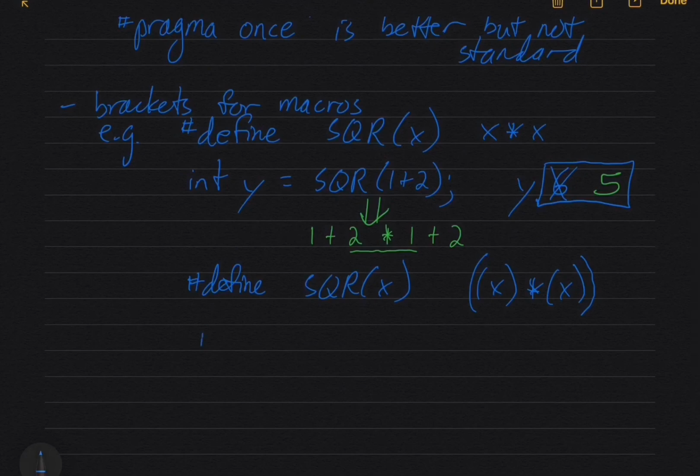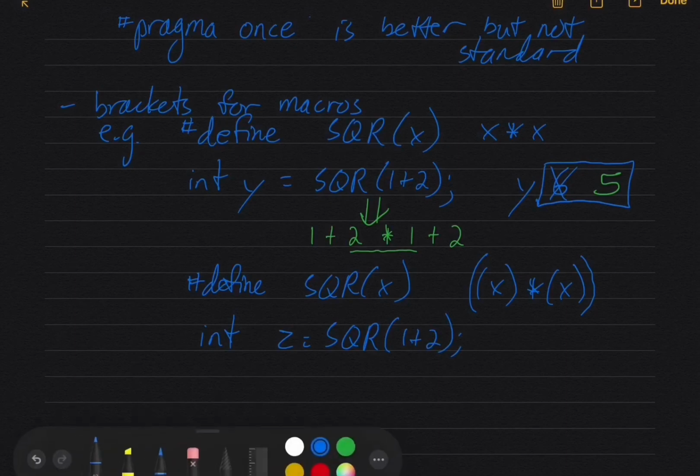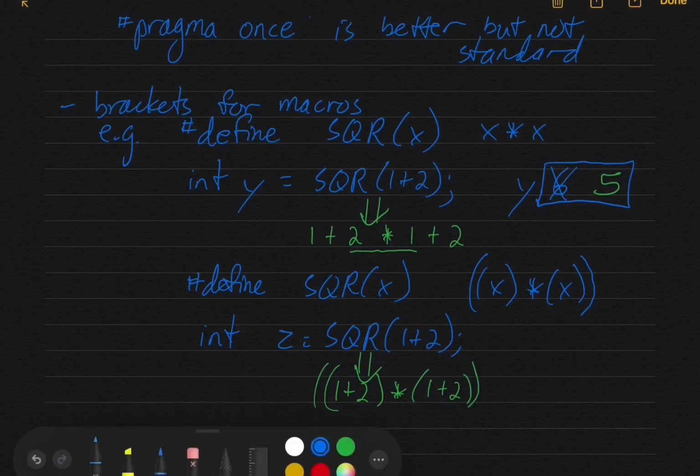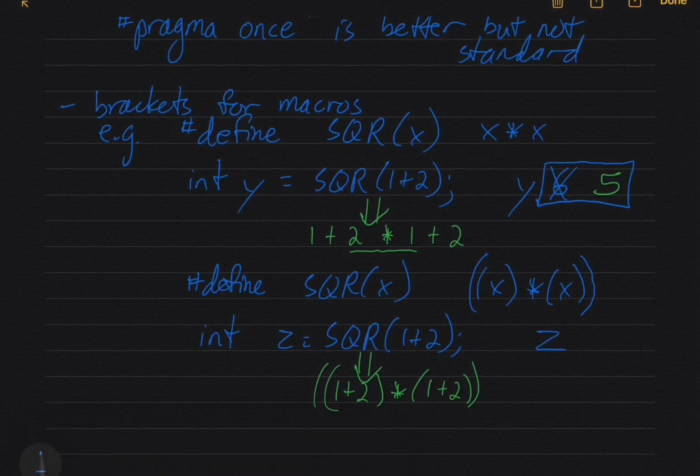So now if we do z = SQR(1 + 2), then that becomes ((1 + 2) * (1 + 2)), and z will have the value 9, which is what we expected.